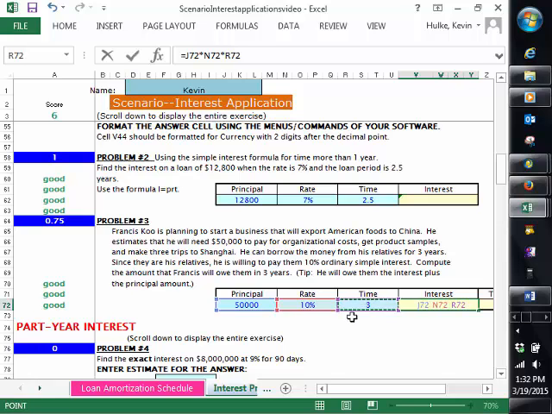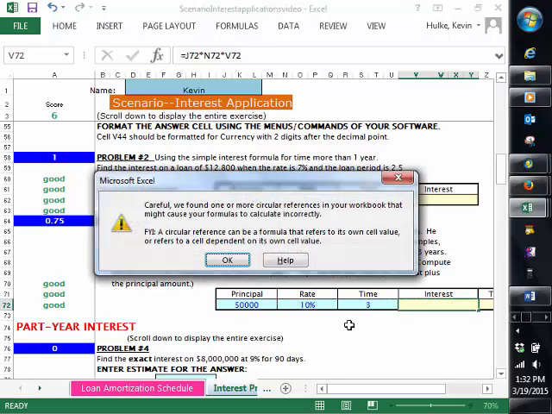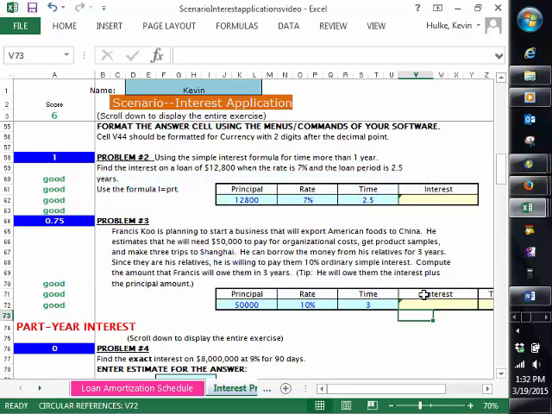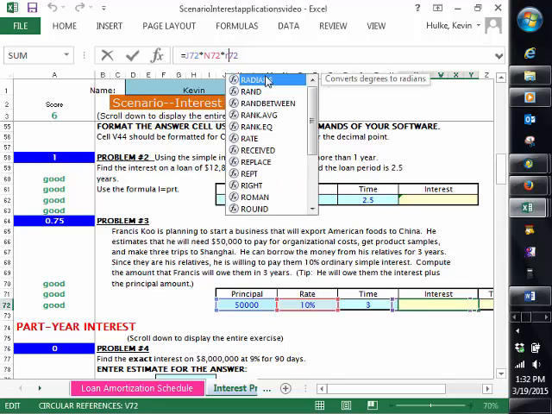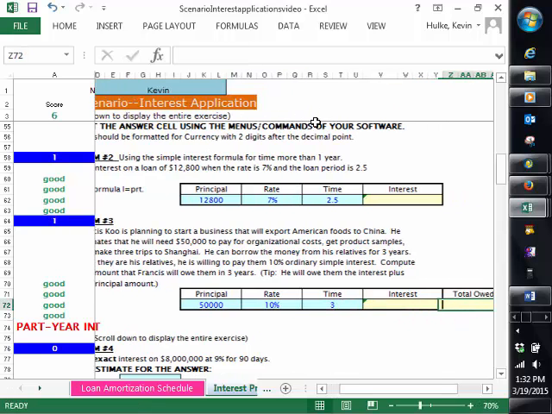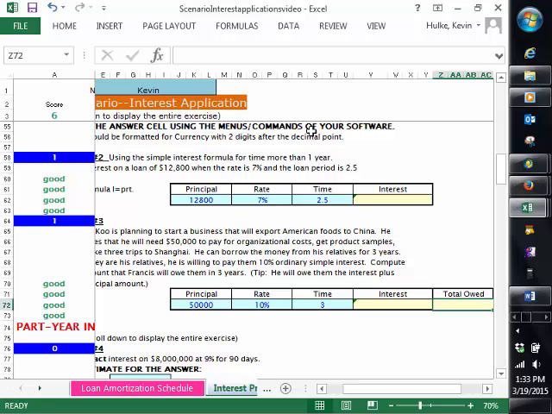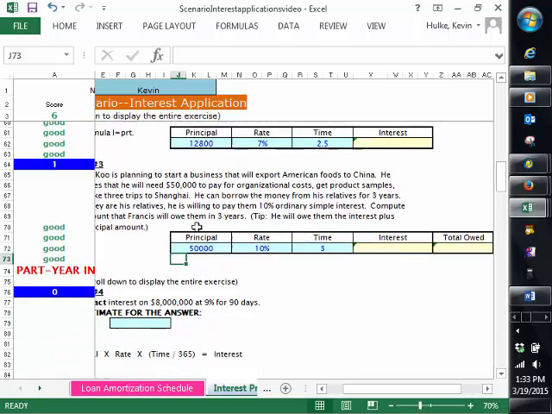But in this case, you also want to know what the total owed will be. Well, the total owed will be the interest plus the principal.